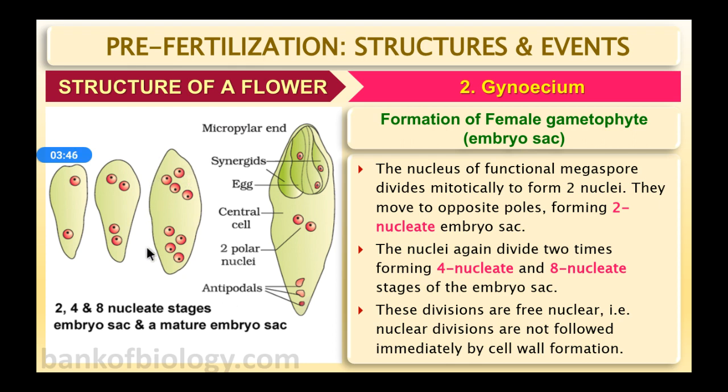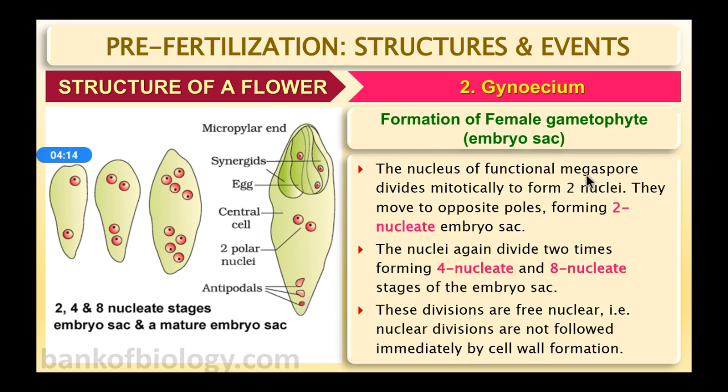Once the cell wall is formed, they will not multiply further. So now we can say that an 8 nucleate embryo sac is formed. This whole process is called monosporic development, that is, an 8 nucleate embryo sac is formed from 1 megaspore. I hope it is clear.